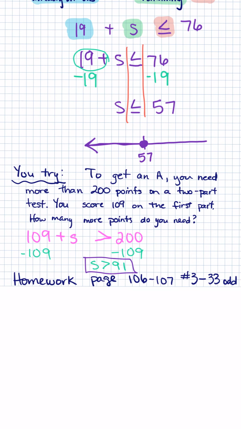It needs to be more than 200 points. Notice the wording just said more than. It doesn't say more than or equal to. That's why I have the inequality that doesn't have the equal sign underneath it. So to solve, I'm going to subtract 109 from both sides. So therefore, your score has to be greater than 91.